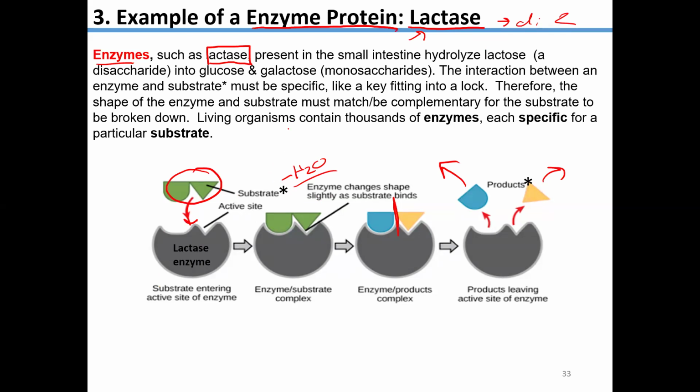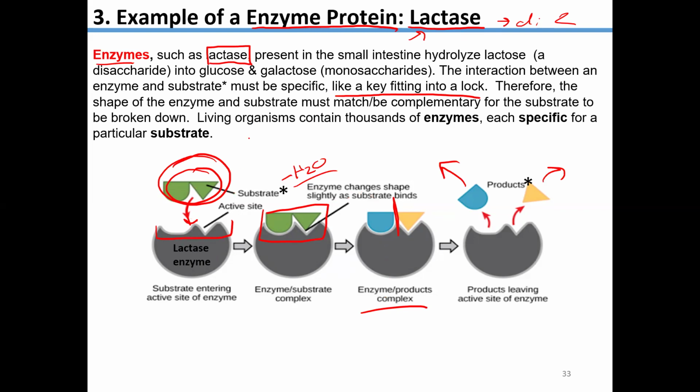Now, a really good way to think about this is that it's kind of like a lock and key. This substrate is going to be very, very specific to this enzyme, specifically the activation site. They have to fit exactly together in order for the enzyme to do whatever it needs to do.